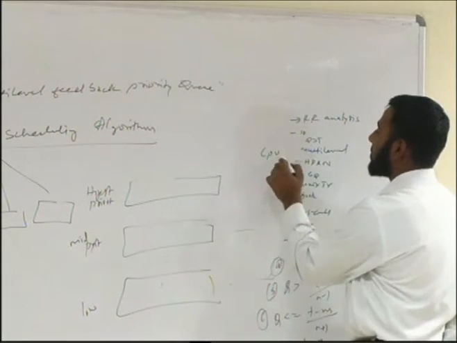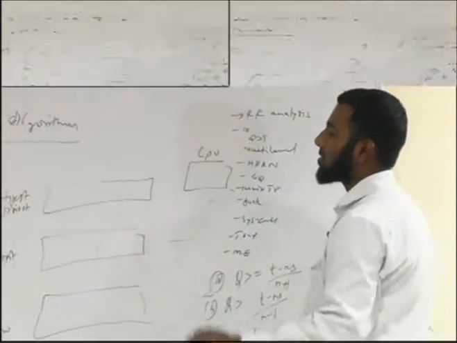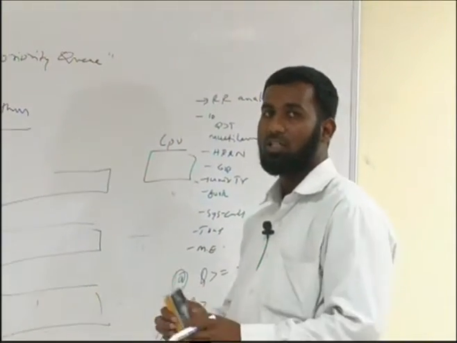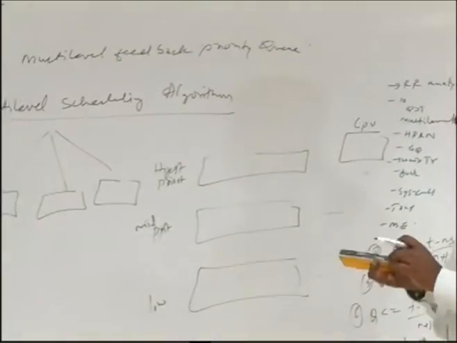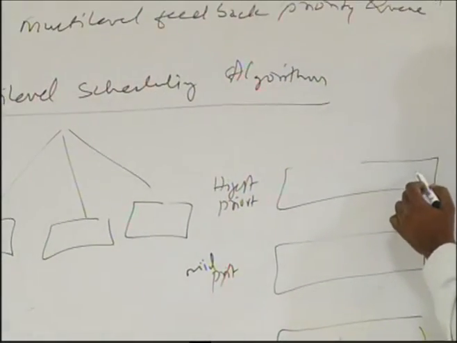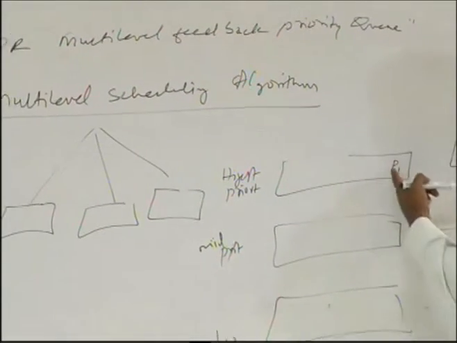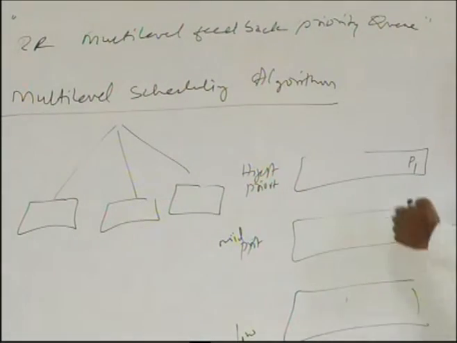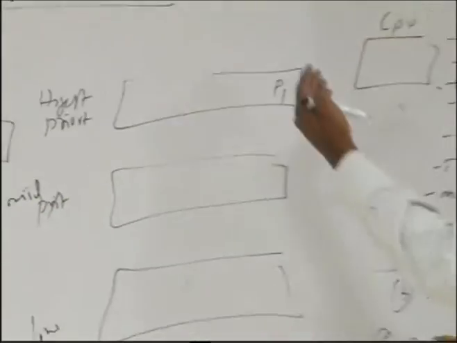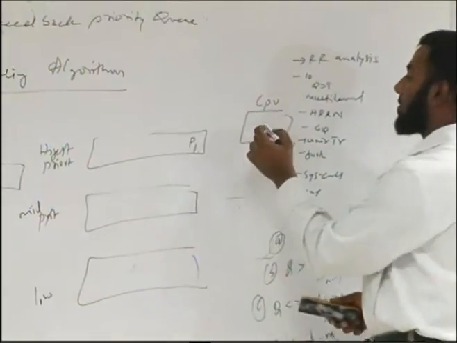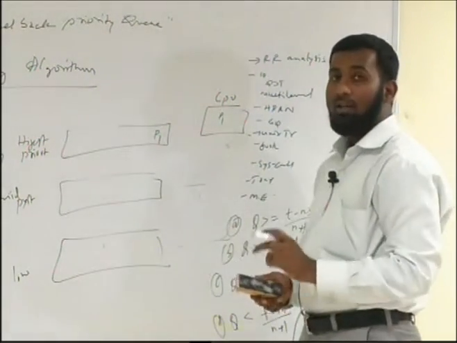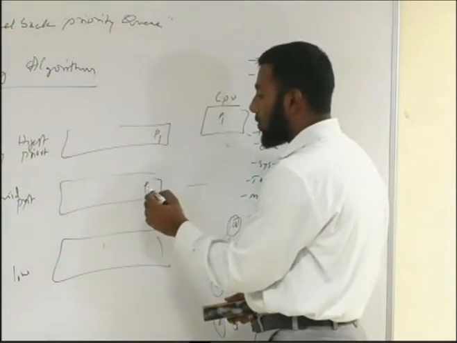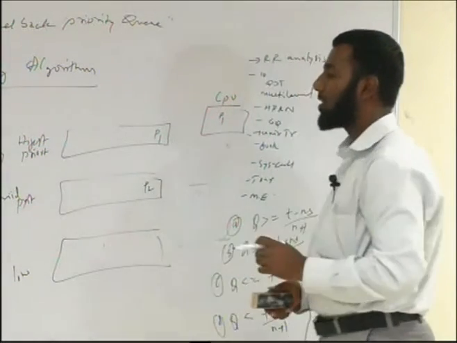Whenever any process comes to the CPU, depending upon the classification, this process will be sent to a different queue. Suppose a process comes at the highest priority queue. Then from all those processes which are there in the low priority queue and mid priority queue, process P1 will be given priority first. So P1 will be executed first. Now a question arises: when will process P2, which is in the mid priority queue, be executed?